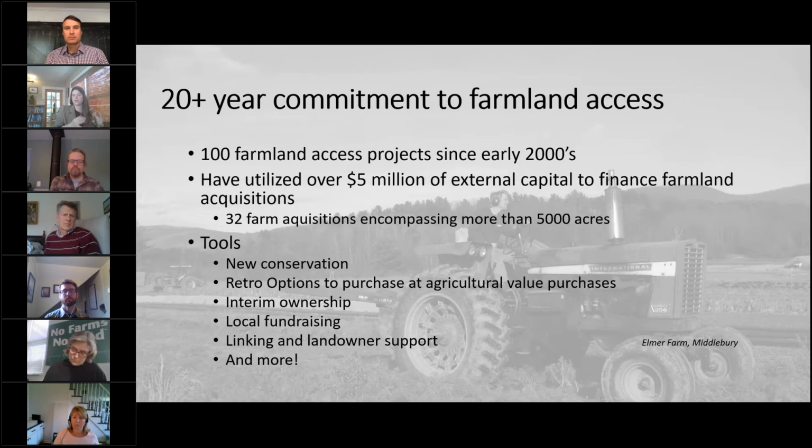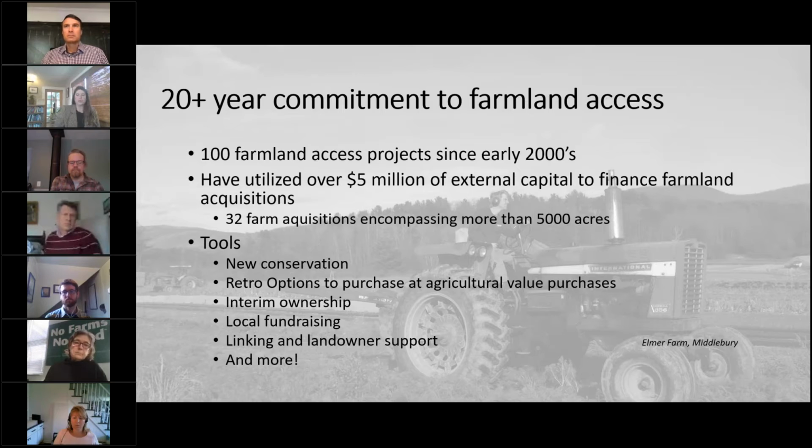That's the first bucket of funding that John was talking about in his video, which encompassed about 32 farm acquisitions at 5,000 acres. Buy, Protect, Sell is one of the tools that we use, but we also use new conservation acquisitions, retroactive options to purchase, local fundraising, linking, and landowner support, all encompassed within our greater farmland access work.